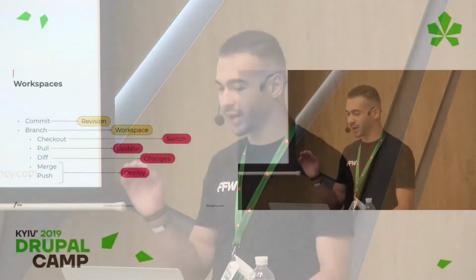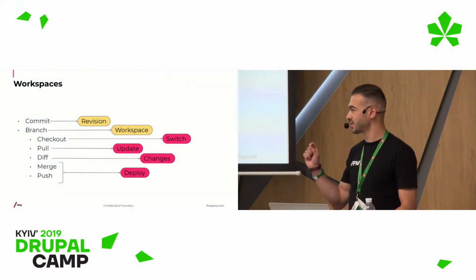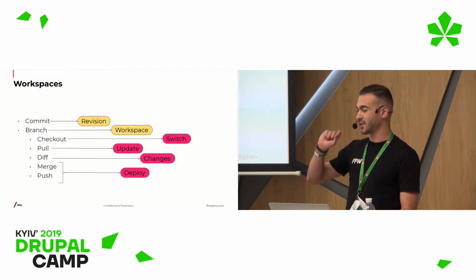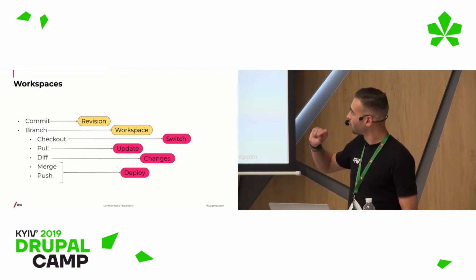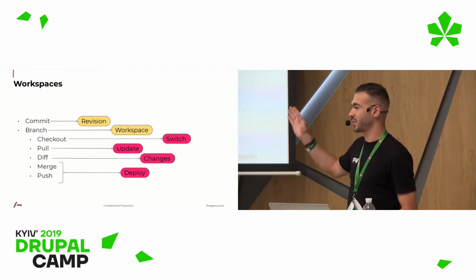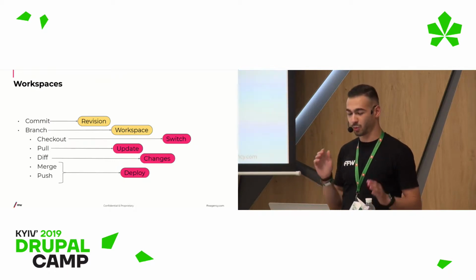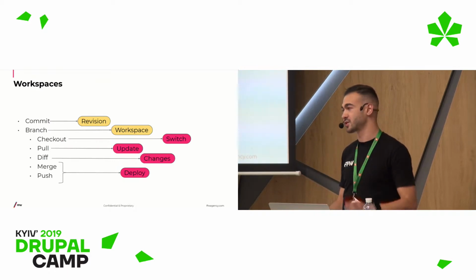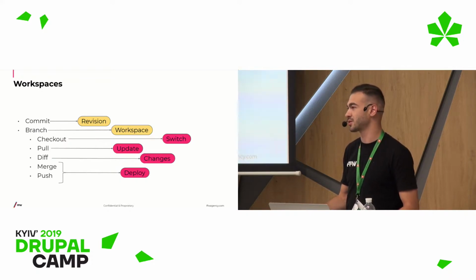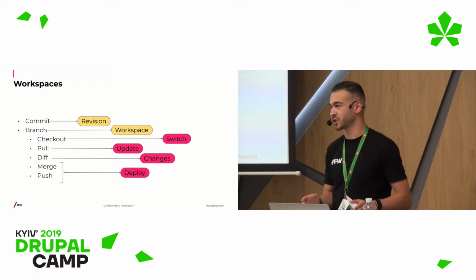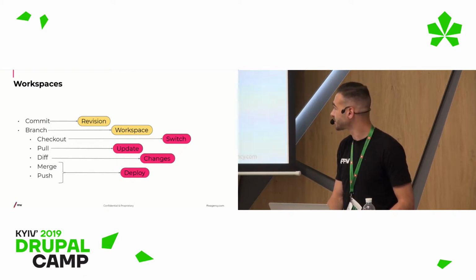So why don't we add the little piece that will add the branches, which is basically what a workspace is. Once I say workspace further in this presentation, you can think of a Git branch, because that's essentially what it stands for.